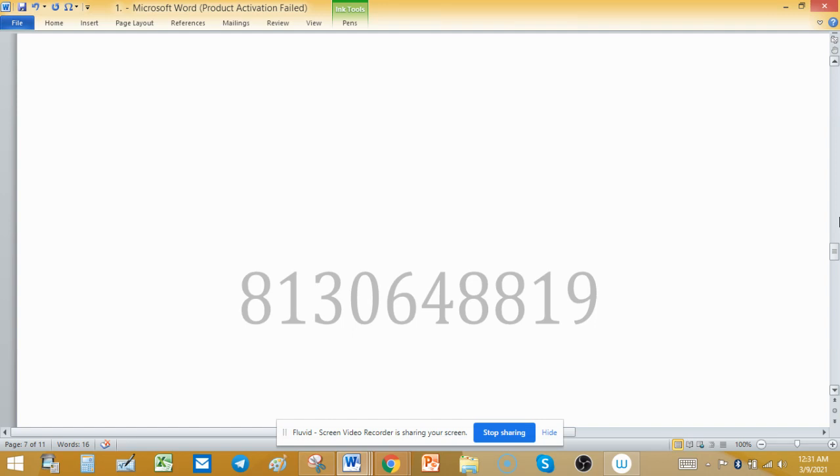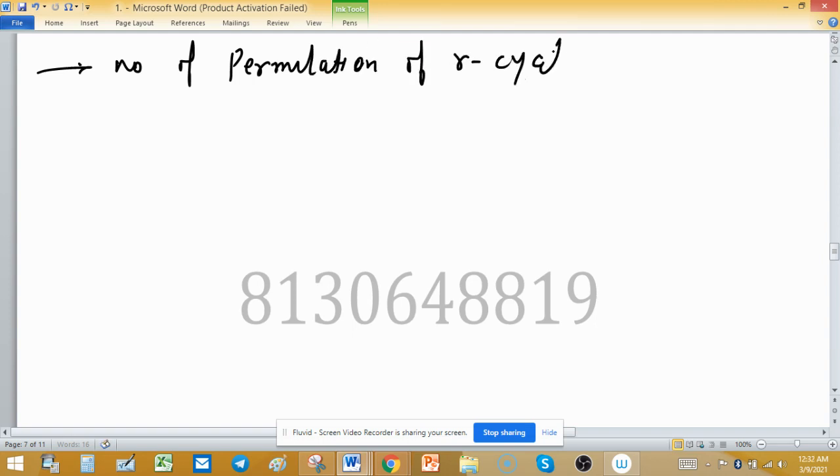Before this, we have some formulas related to permutations. The number of permutations of r-cycles in S_n is n factorial divided by r times (n minus r) factorial.